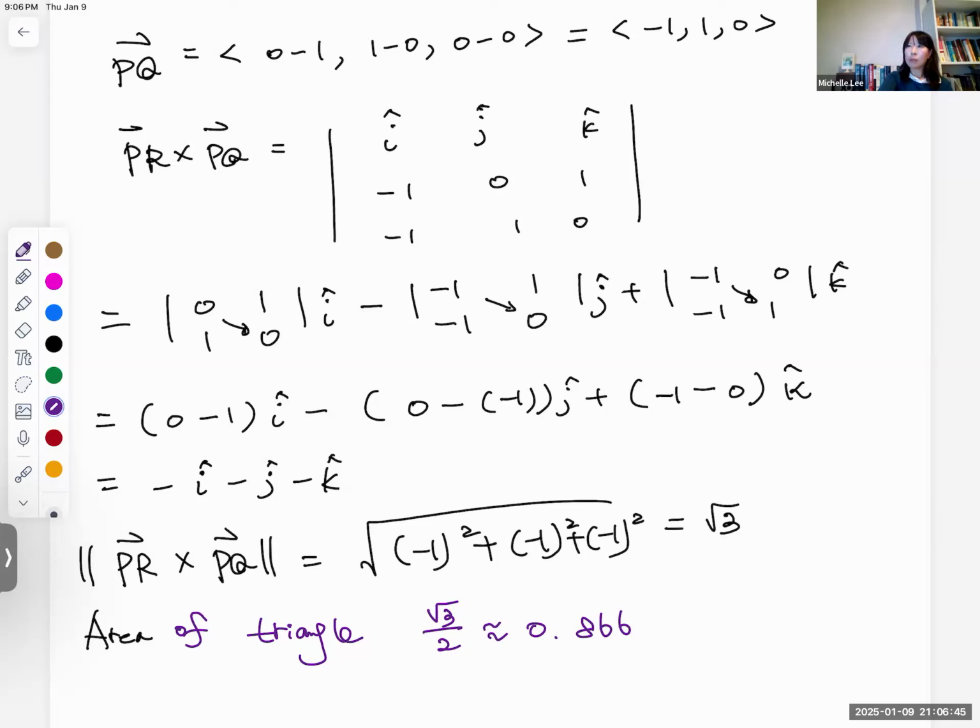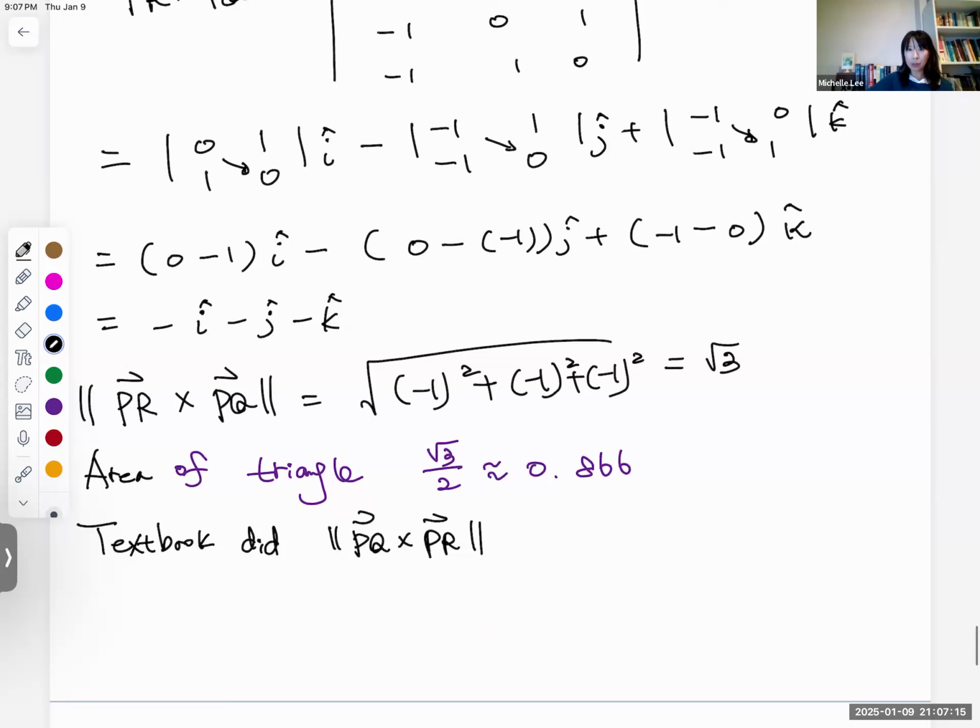The textbook did PQ cross PR, because it's magnitude, the negative becomes positive. That's why we get the same answer.